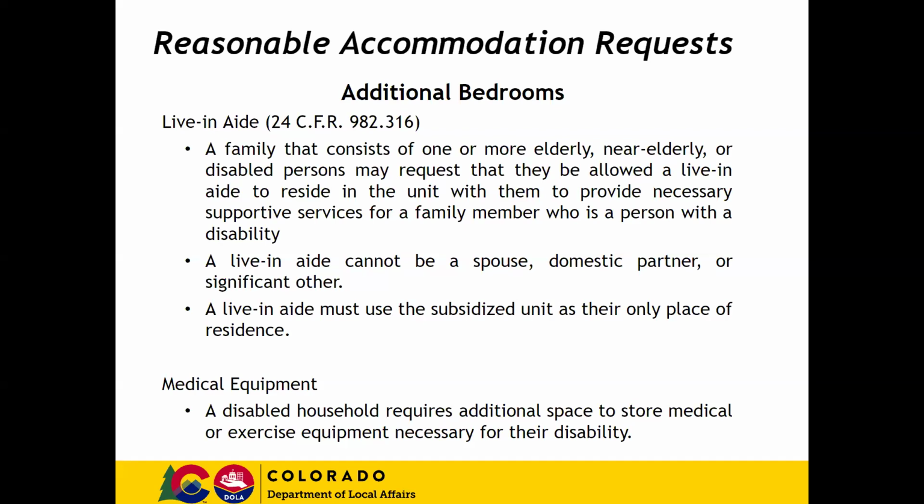We can understand that, but unless there's a really good case made, we can have an interactive dialogue that says, I'm not sure that your request necessitates that additional bedroom. However, let's talk about an alternative accommodation. Perhaps we can increase the 1-bedroom payment standard to offer you an opportunity to find a larger space because your service animal might be a large animal.